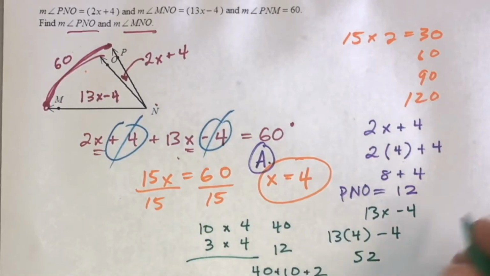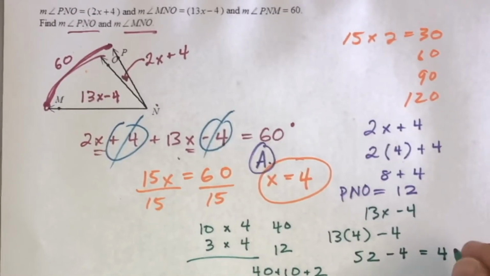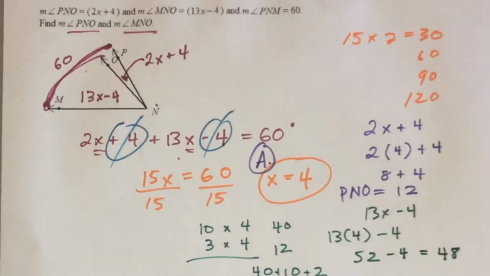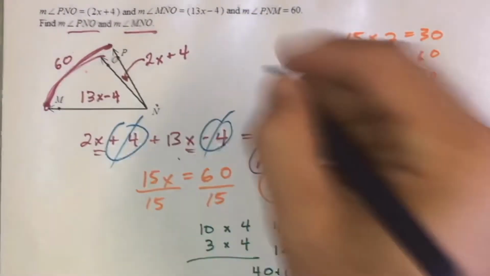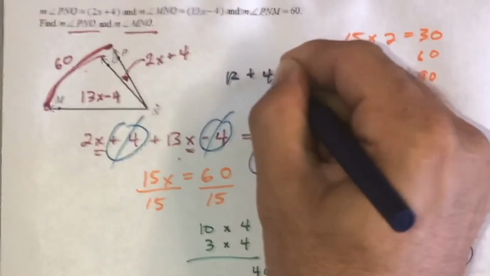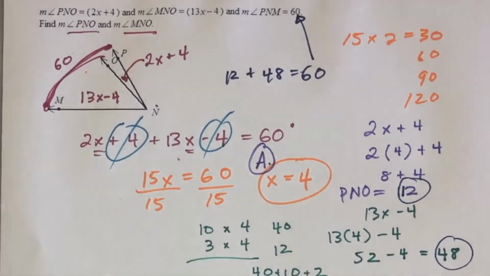That's a way for me to do mental math. Minus 4, that equals 48. And if you want to check your work, just take the 48 and the 12, add those together, and make sure they still add up to the 60 which they already gave you.